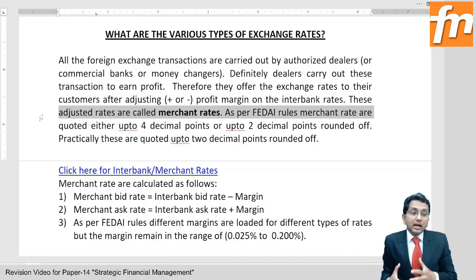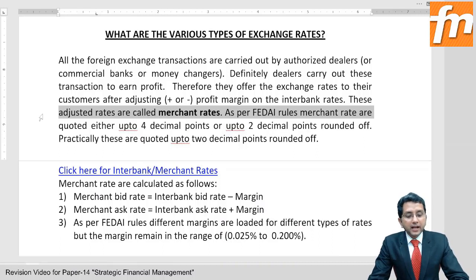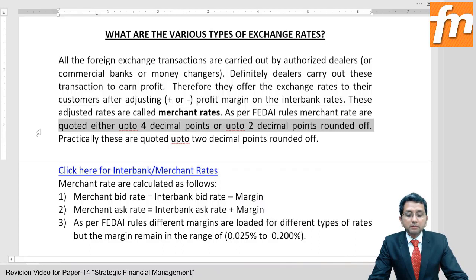When I talk about the arithmetic of exchange rates, what to multiply, what to divide, how many decimal points should be taken, all those things are not given in the Foreign Exchange Management Act, but the whole arithmetic of the exchange rate is as per FEDAI rules. As per FEDAI rules, merchant rates are quoted either up to 4 decimal points or up to 2 decimal points rounded off, while interbank rates are always quoted up to 4 decimal points.